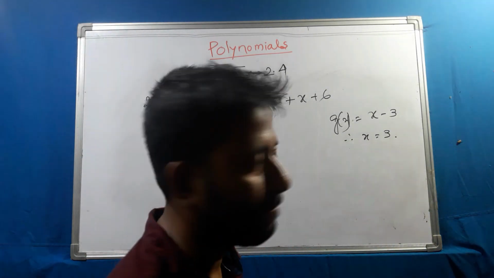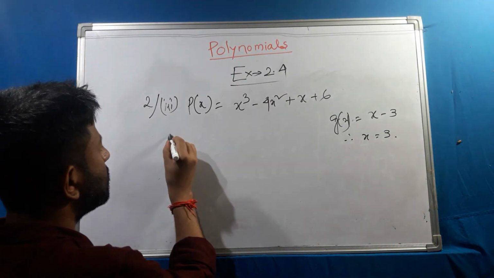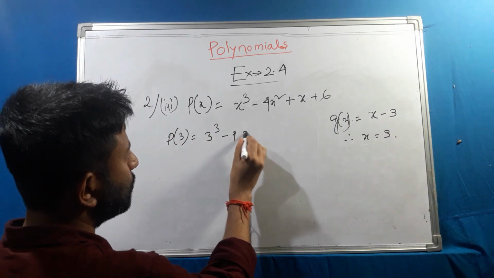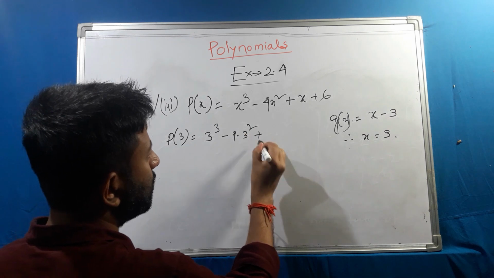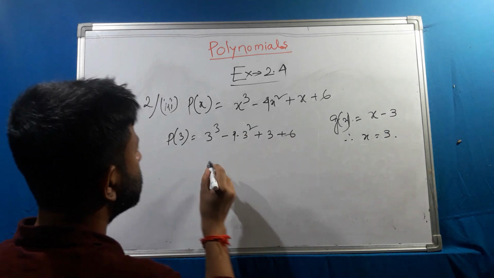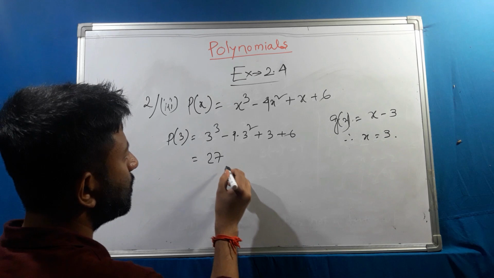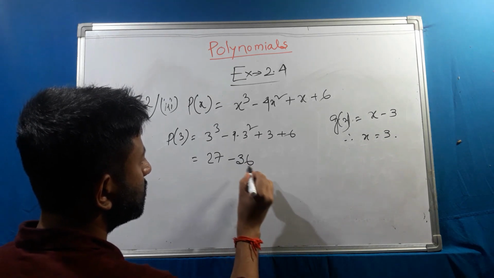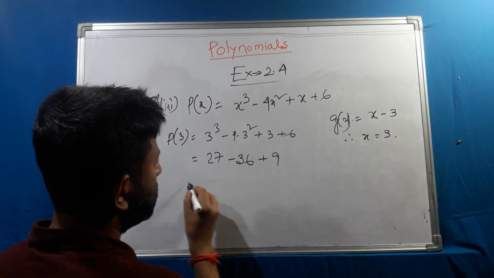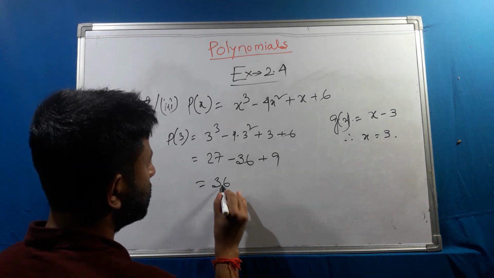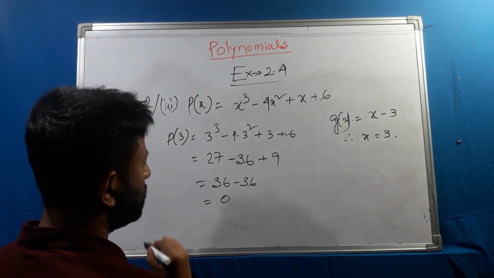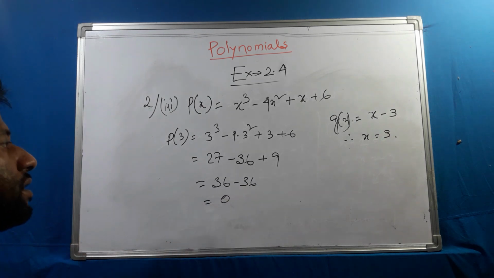Now put p(3) equal to 3³ − 4 × 3² + 3 + 6. This is coming 27, 3² is 9, 9 × 4 is 36, so 27 − 36 + 9, this is coming 36 − 36, that is 0. So here the remainder is coming 0.